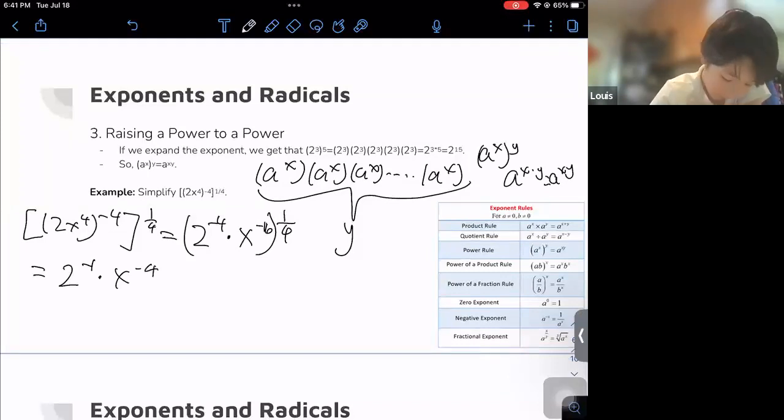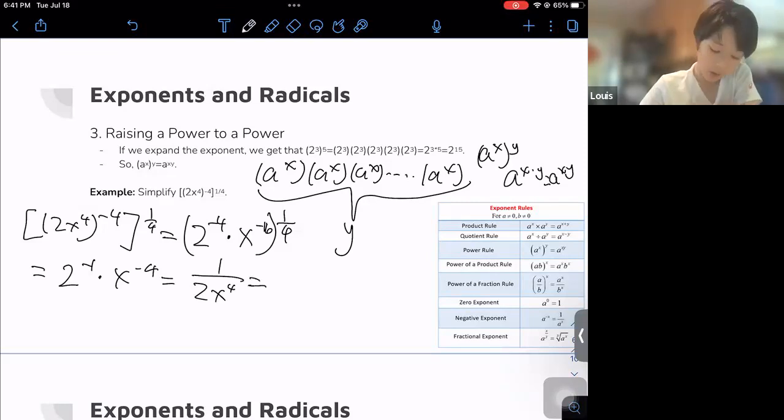So x to the negative fourth power, which is just 1 over 2x to the fourth. So it's 2x to the fourth to the negative first power.